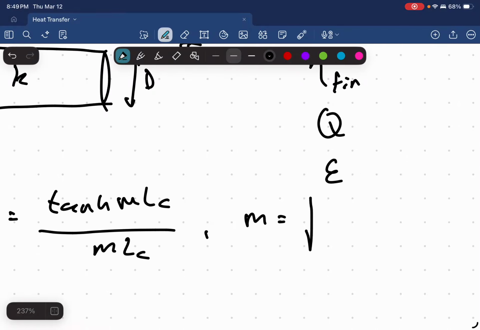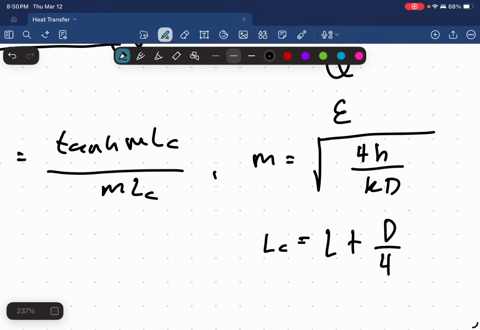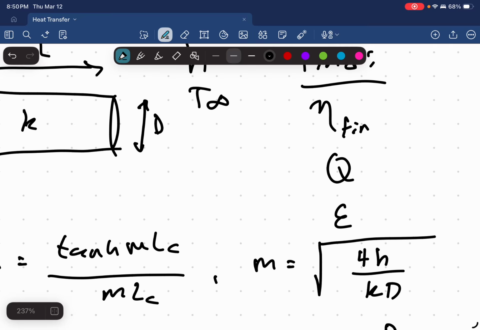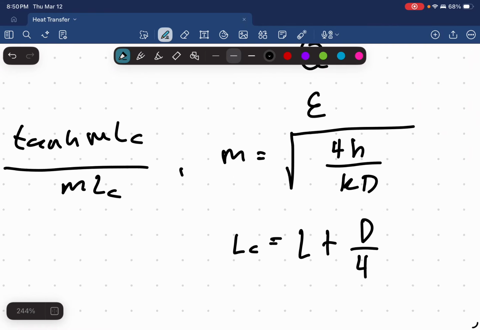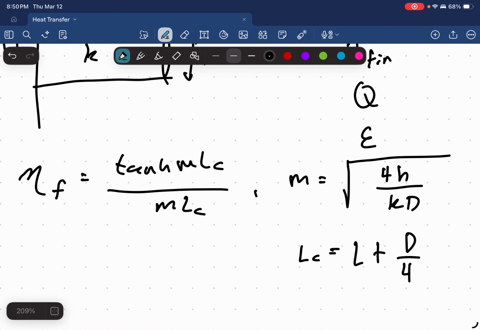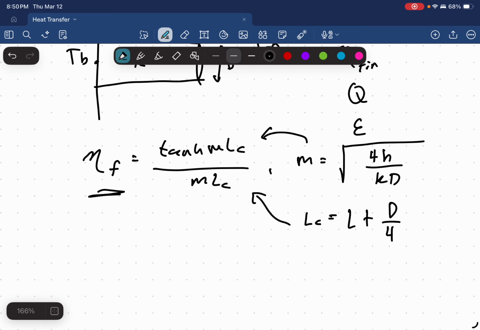For a cylinder, it should be on the very bottom. It says 4h over kd, and your characteristic length is going to be L plus diameter over 4. This is also in your equation sheet. If you have another shape like a rectangle, these will be slightly different, but they're still on the equation sheet in the same section. So you substitute these into this equation, and that should be your answer. That's all there is to it for that.